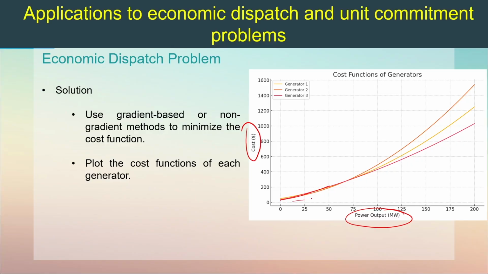Each generator has its own characteristic curve, and whenever you need a higher power output, the cost of generating also keeps increasing. It is a steady increasing process. This is how we can understand the relationship between the power output, expressed in megawatts, and the cost, expressed in dollars.